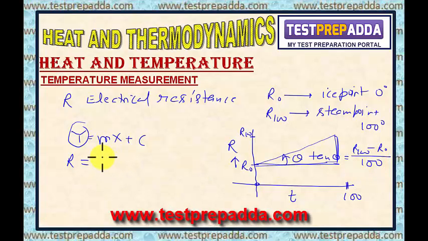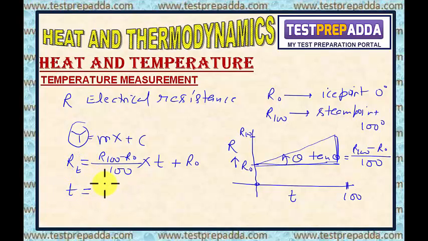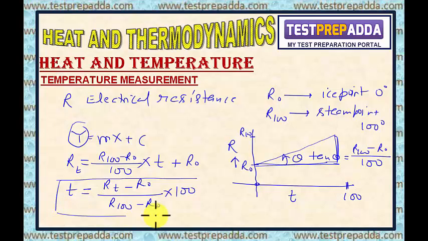So this is the slope, R100 minus R naught upon 100, and in place of x you will write temperature T, plus the intercept R naught, and on this basis the temperature will come as T equals RT minus R naught upon R100 minus R naught into 100. So this way we get the temperature by measuring the electrical resistance.